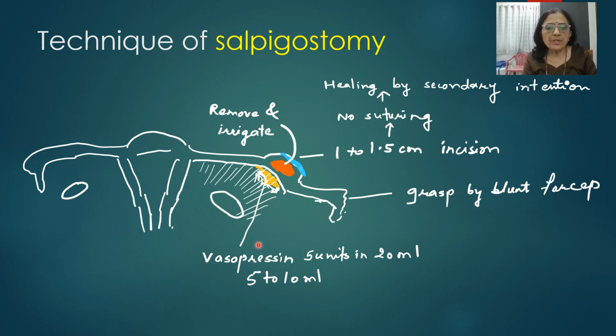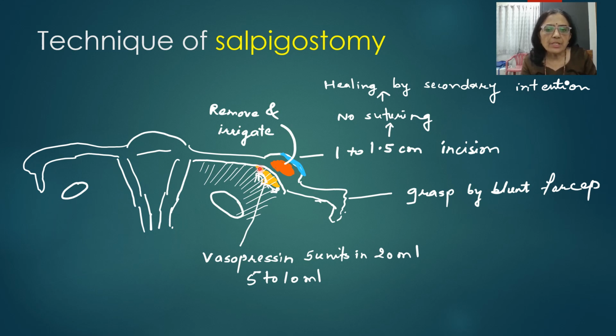Some surgeons instill dilute vasopressin, which is 5 units diluted in 20 ml, and around 5 to 10 ml is infiltrated in the mesosalpinx, taking care not to directly inject it into a vessel.